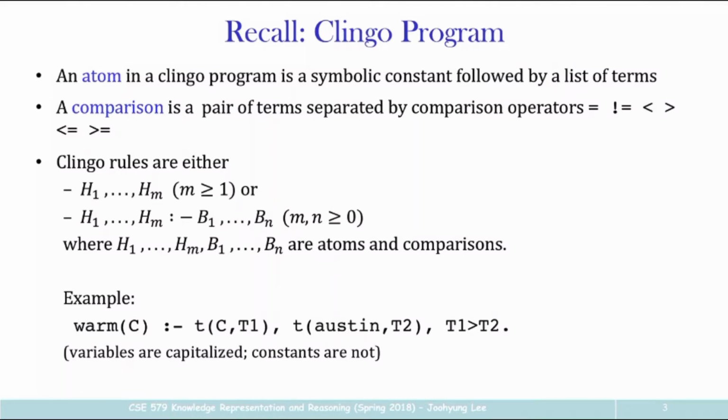But one convention here is that when you write a capital letter, that's a variable. So when you see C, T1, and T2, these are variables that range over other constants. Now you may ask what is then the universe that the variables range over. I'm going to talk about that maybe in a few slides later.